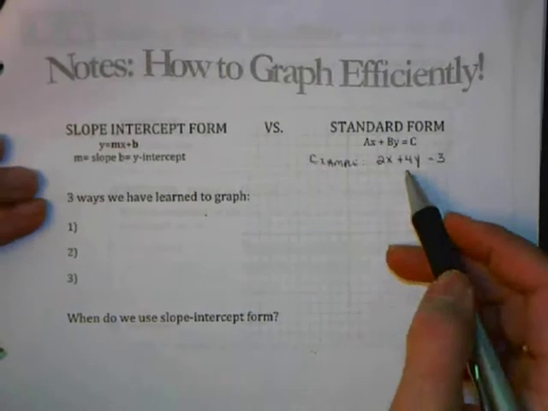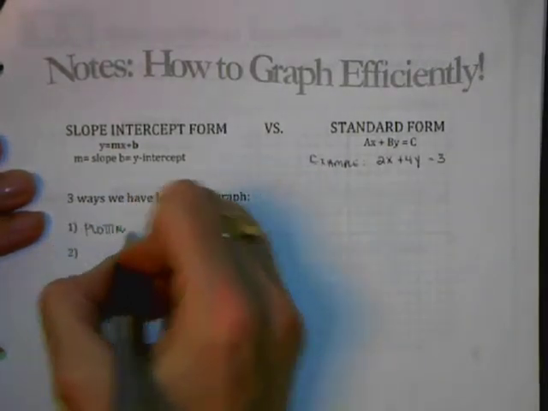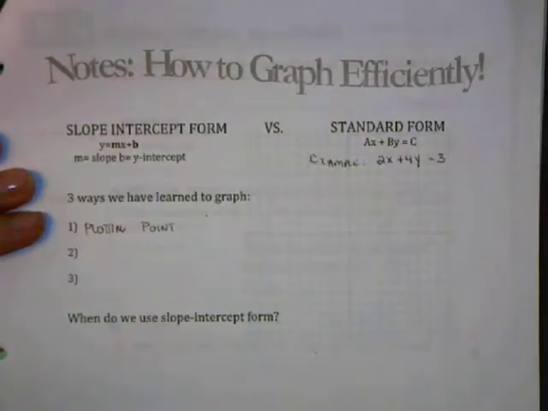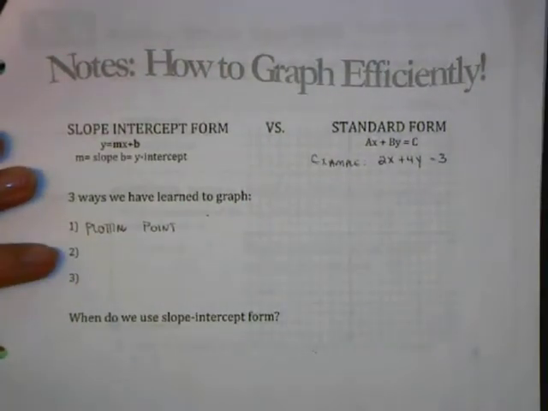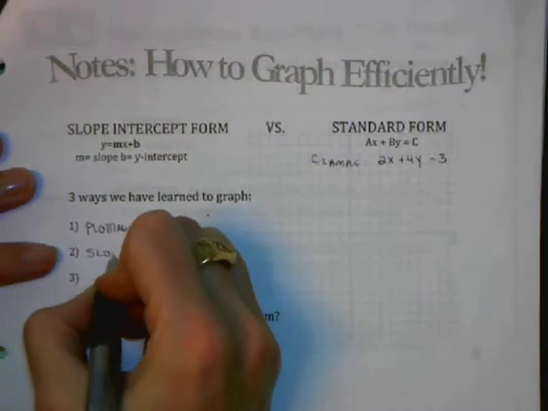Okay, we've learned 3 different ways to graph. One is by plotting points. Plug in a value for x and find out what y has to be, or plug in a value for y and find out what x has to be. The second was the slope-intercept method.